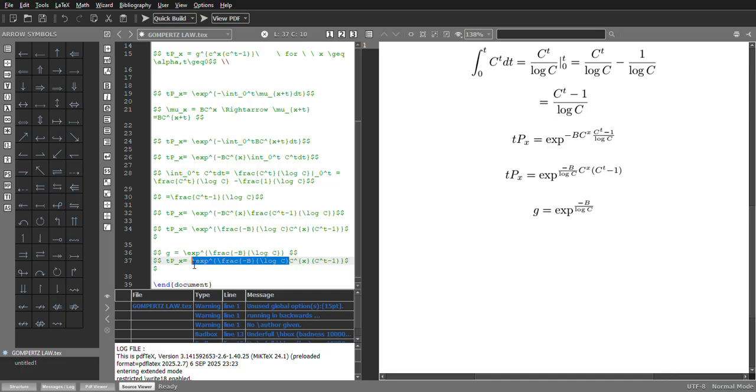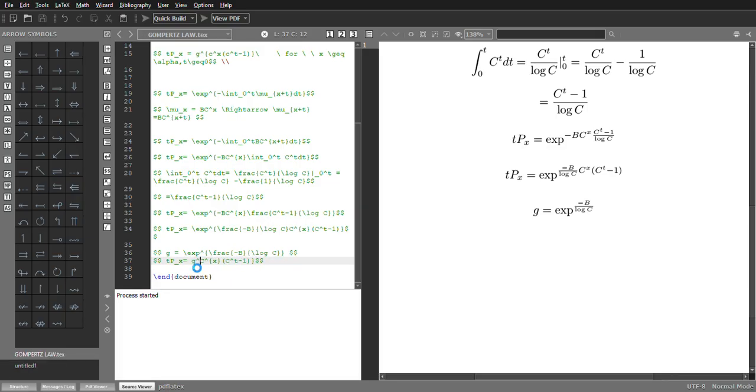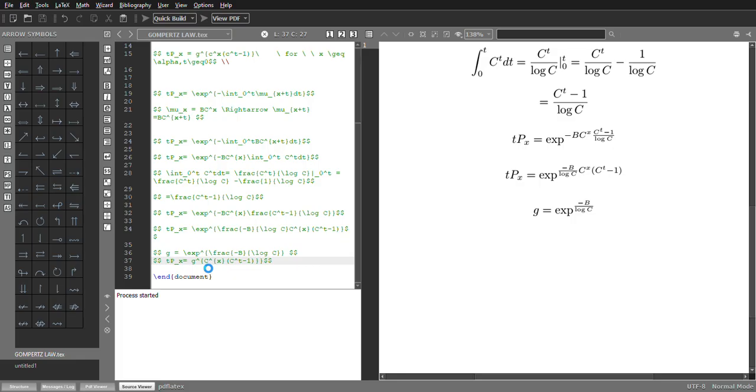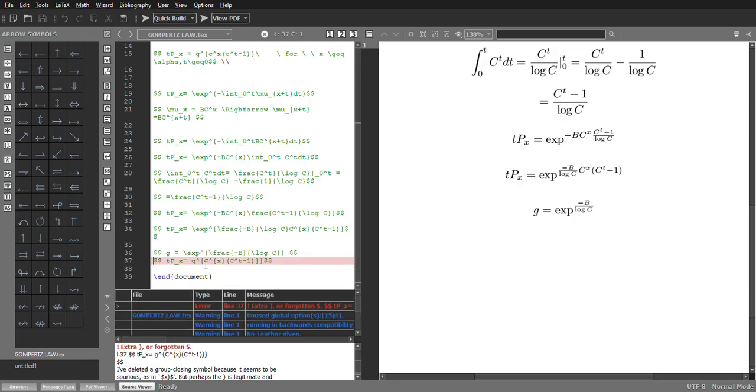This part is being replaced by G. We have another error, an extra.